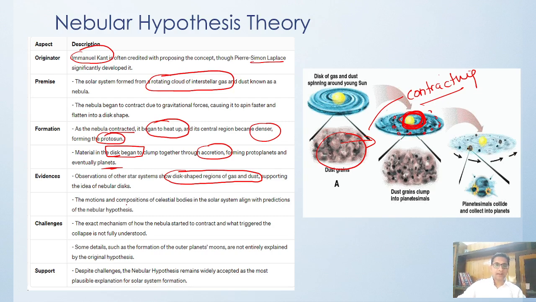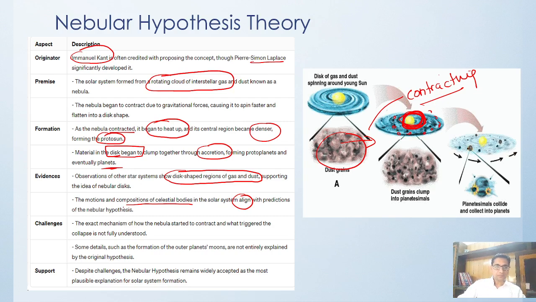The motion and composition of celestial bodies in the solar system align with the predictions of the nebular hypothesis. Whether it is the planets, the sun, the moon or the stars, they all align with the predictions given by the nebular hypothesis.